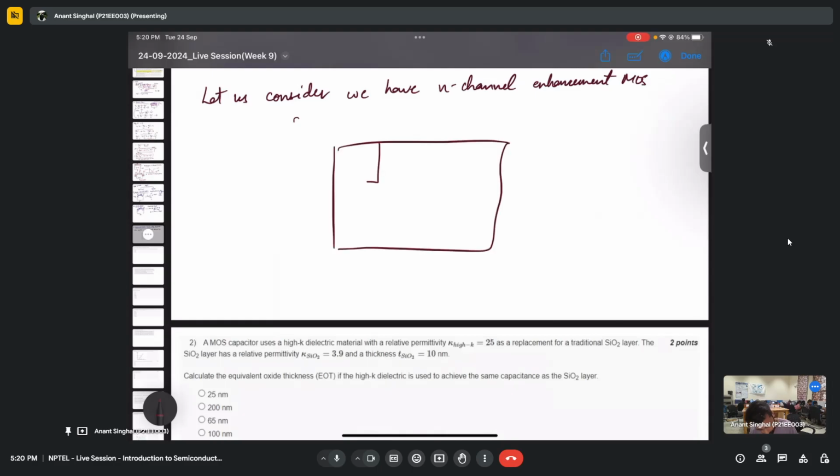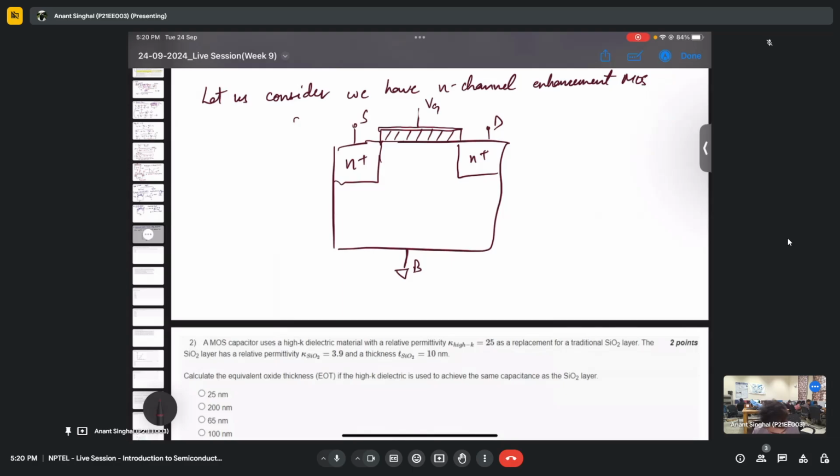So what I can make is basically, now we already know that we have n plus source and drain. On top of that we have this oxide, and this is nothing but the metal gate. This is drain, this is source, and this is grounded, which is body.